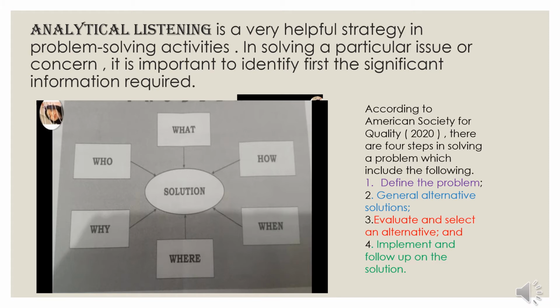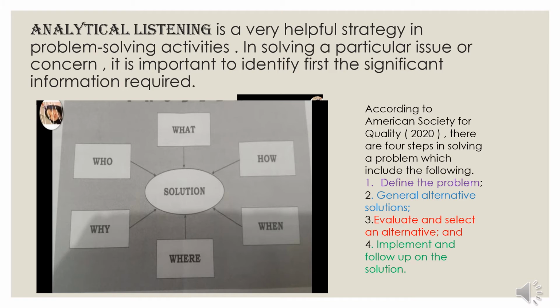According to the American Society for Quality 2020, there are 4 steps in solving a problem, which include the following. Number 1, define the problem. What was really the problem? What is it about?